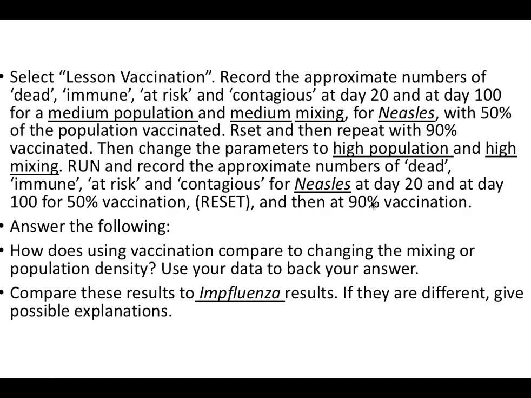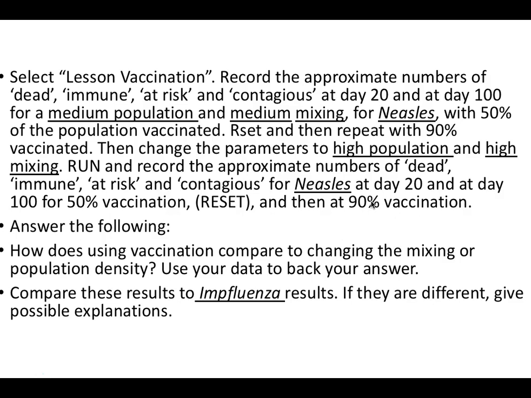Then you're going to do the same thing for the high population, the virgin numbers, and then the high population, high mix at 50% vaccination, high population, high mix for 90% vaccination. And just like you've done before, you should have your day 20 numbers and your day 100 numbers for your dead, immune, at risk, and contagious.